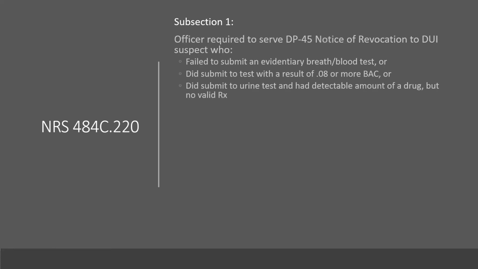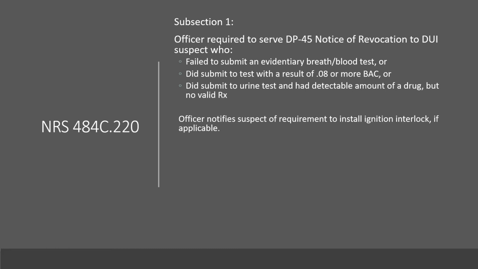Subsection 1 provides that the investigating officer is required, when possible, to serve the defendant with a DP-45 form when the officer seizes the suspect's license during the investigation. That's the DMV Notice of Revocation form that informs a DUI suspect of the immediate revocation of his or her license. It also informs the suspect of his or her rights and obligations.